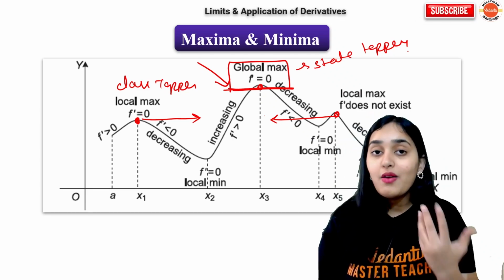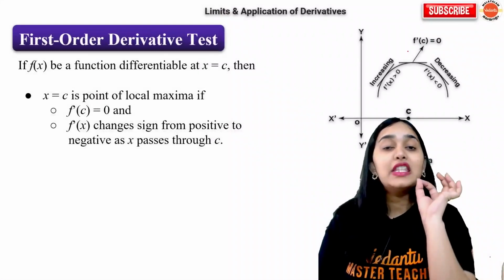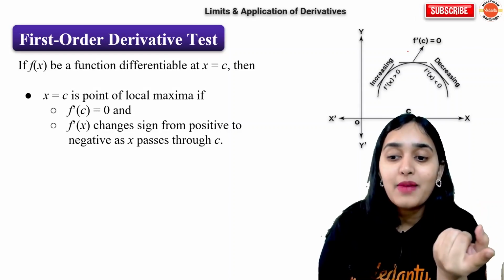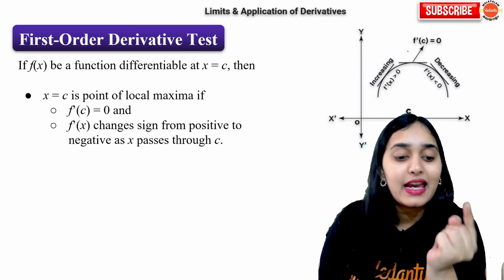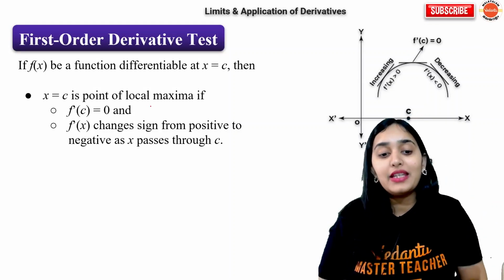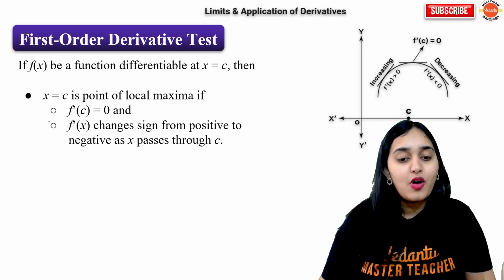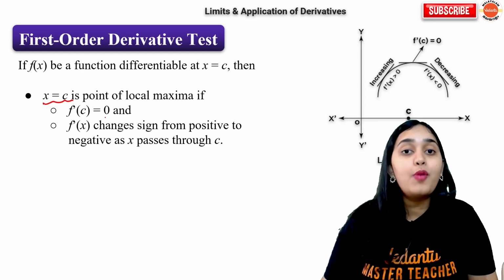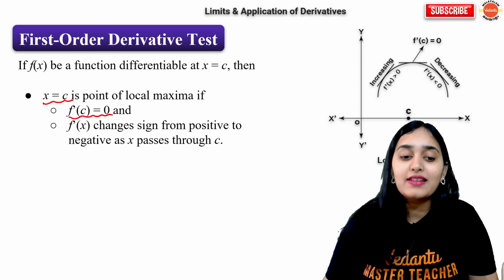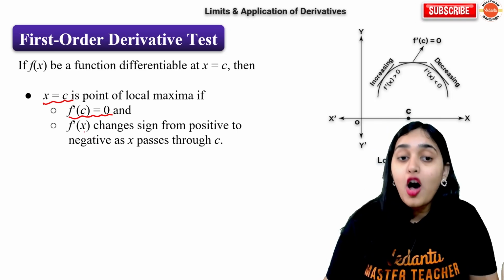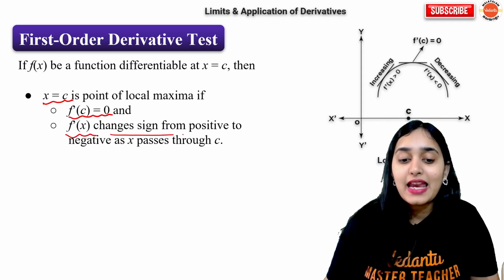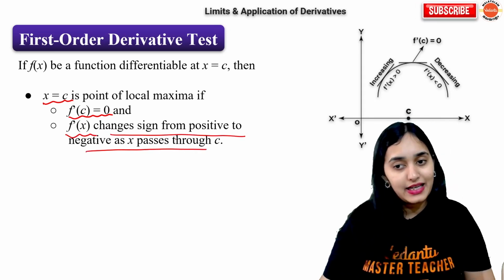Now, how do we determine at which point we get maxima and minima, increasing and decreasing? For that we need critical points. Now, what are critical points? Critical points are the points for which f dash c is equal to 0 or for which f dash of x changes sign from positive to negative.